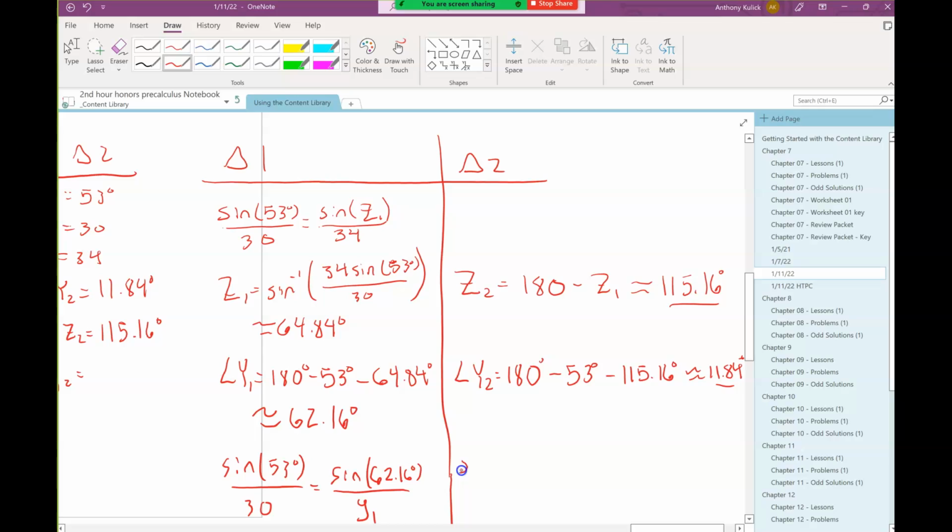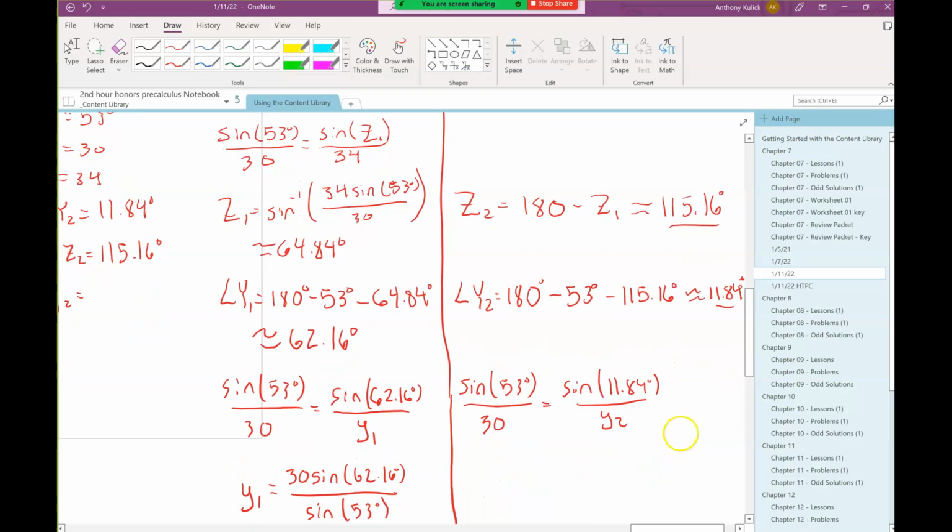And then to solve for side Y2, I'm going to set it up the exact same way as before. But instead of using angle Y1, I'm going to be using angle Y2.